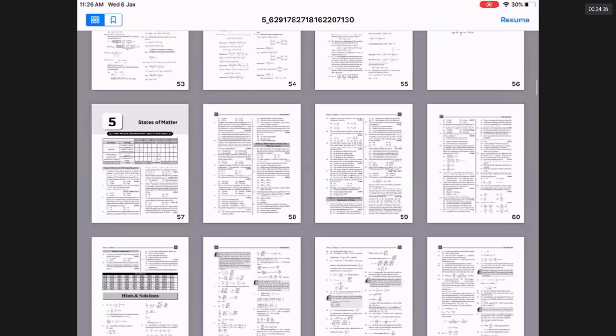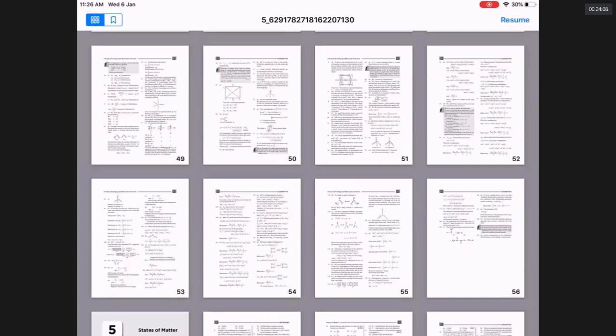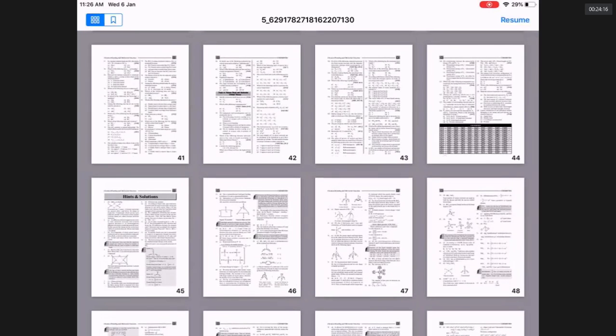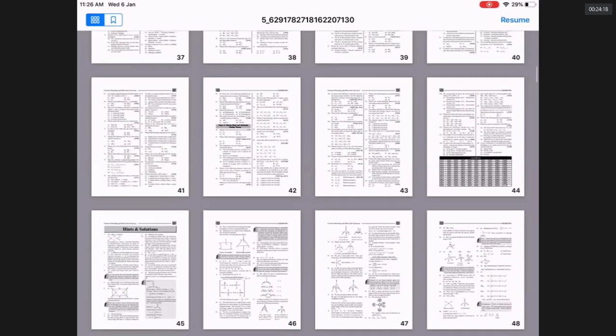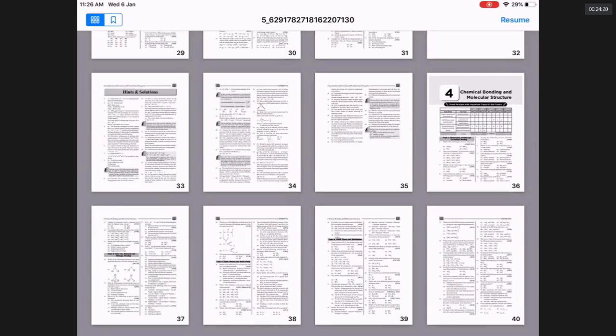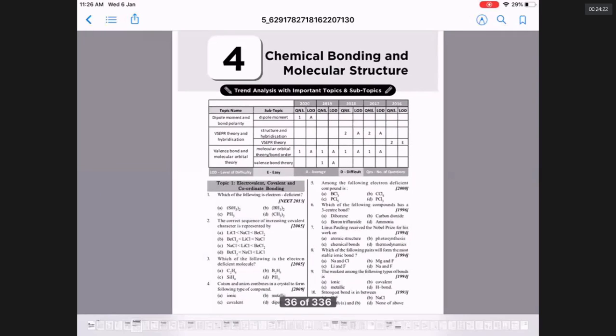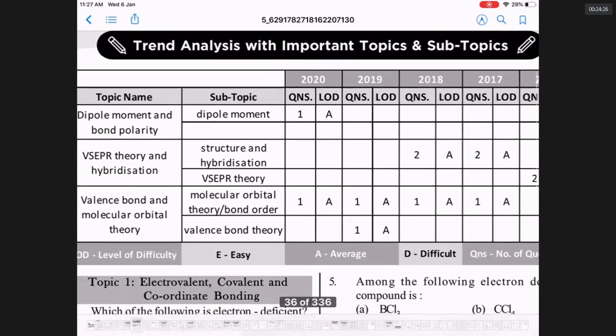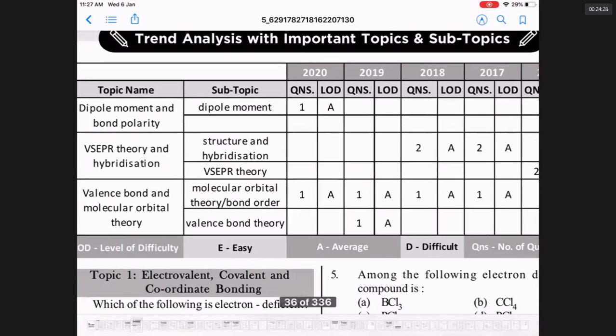If you are looking at chemical bonding, in 2020 they asked 2 questions from this in the NEET exam.